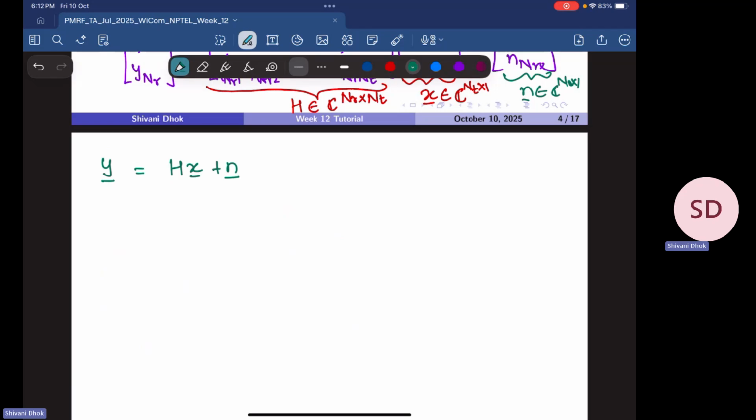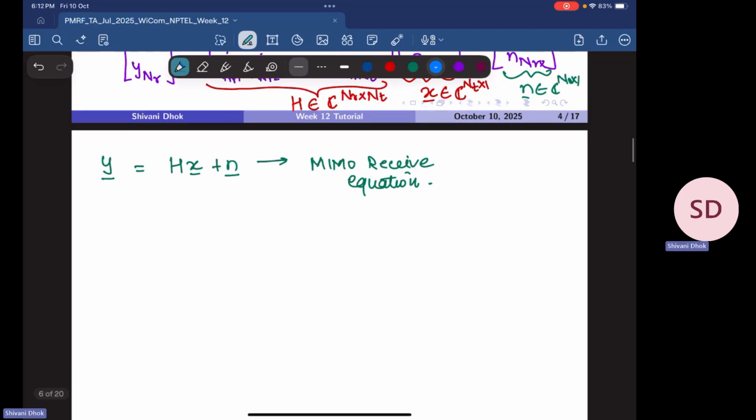So this is the MIMO receive equation. The problem that we want to solve here is, given H, how to estimate, or let's say detect, what was transmitted, that is x.